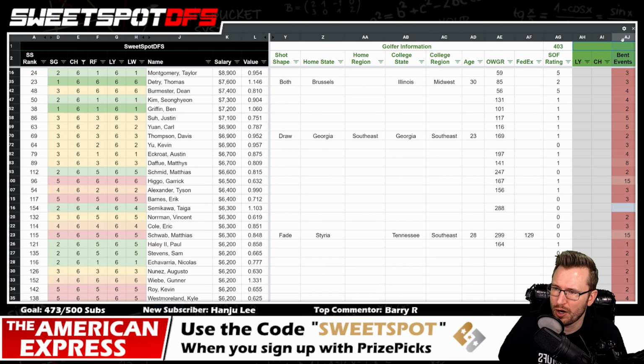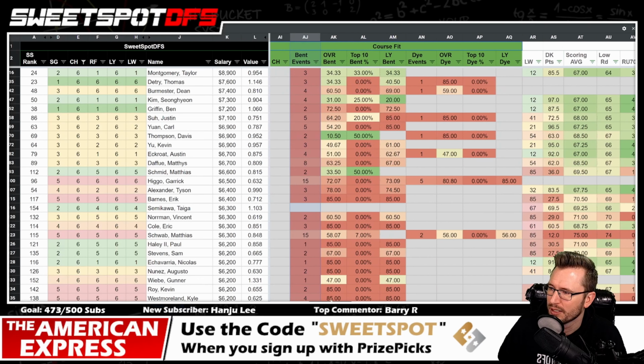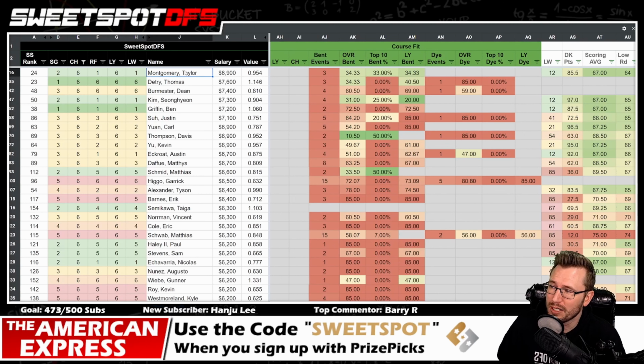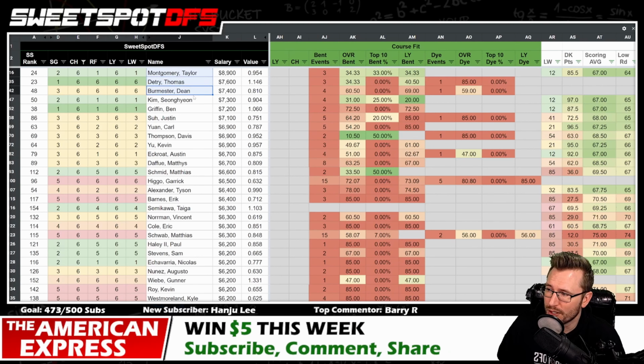Like, you can kind of already see the bent grass events. Pretty much all of them are less than 15, all but 2. So these are your rookies, obviously. Yeah, Montgomery, Dietrich, Burmester, these are 3 good golfers to play. No issues there.